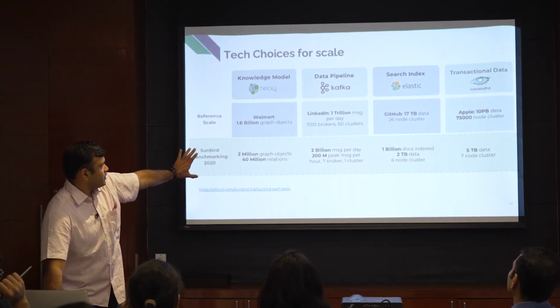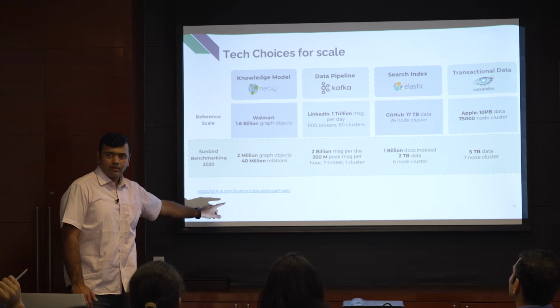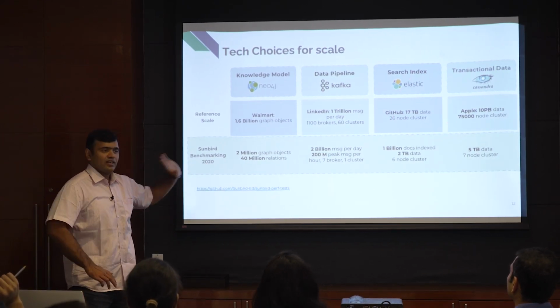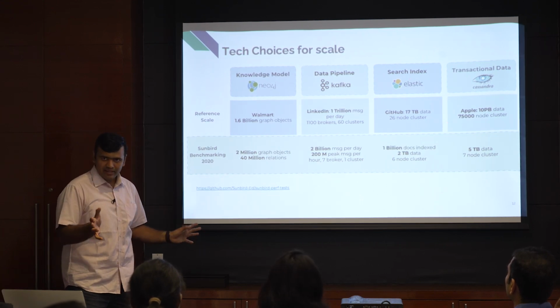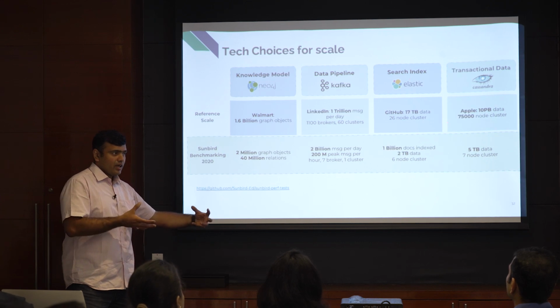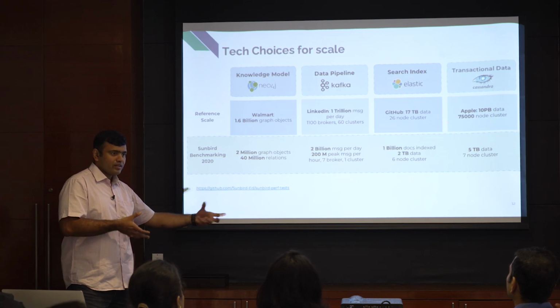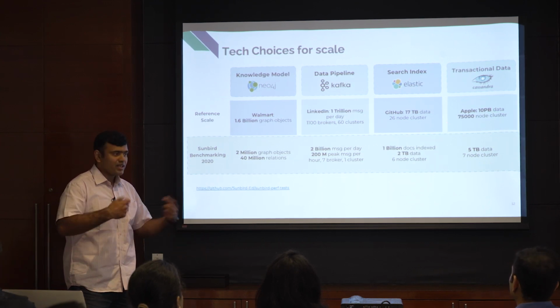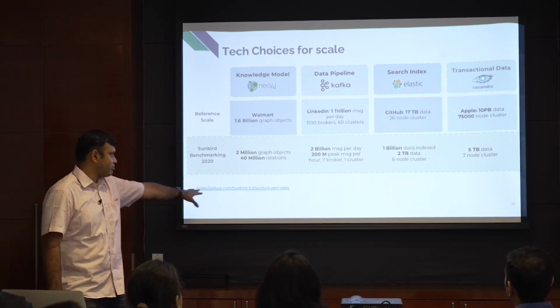So, tech choices for scale. There's benchmarking we have done, and this is a public repo as well. This proves that the system can scale to even 75,000 TPS. The scripts are there. Be aware that when we were doing load testing to simulate 75,000 TPS, the JMeter cluster itself had to be some 25 servers to generate that kind of load. That was all done as part of Sunbird.